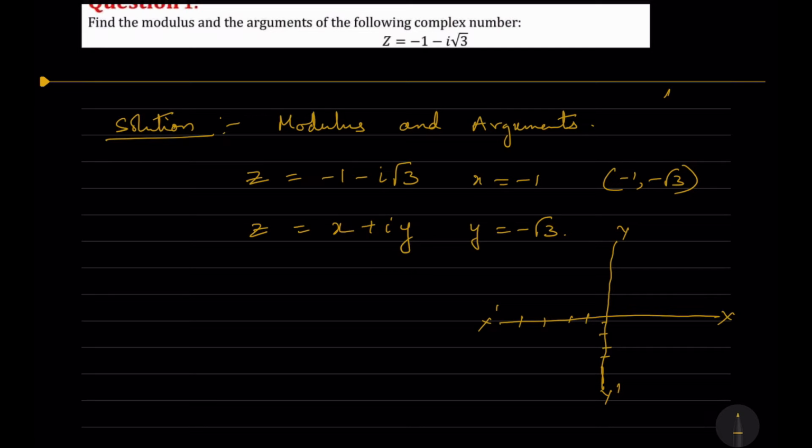Therefore z is equal to r cos theta plus i r sin theta.